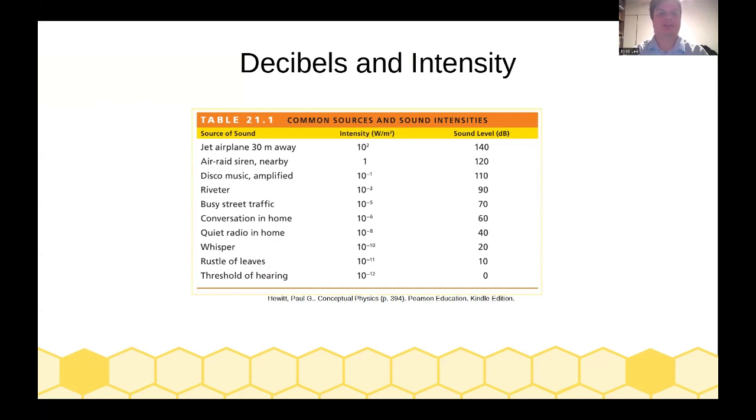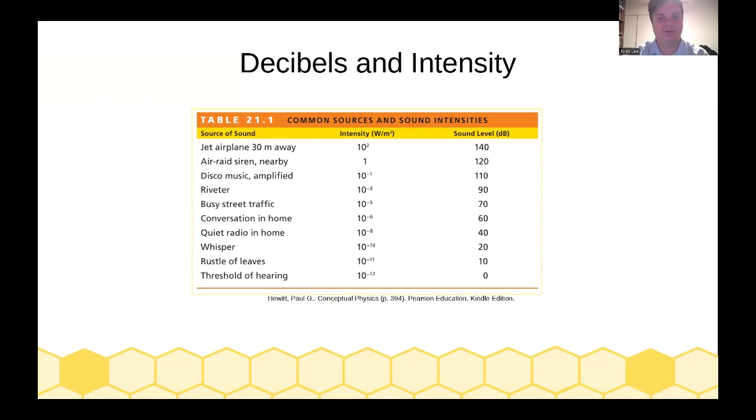The first thing that I'm going to talk about that isn't very much related to musical sound is just our understanding of intensity. Intensity is measured using decibels, where every 10 decibels is going to be 10 times greater than the previous 10 decibels.